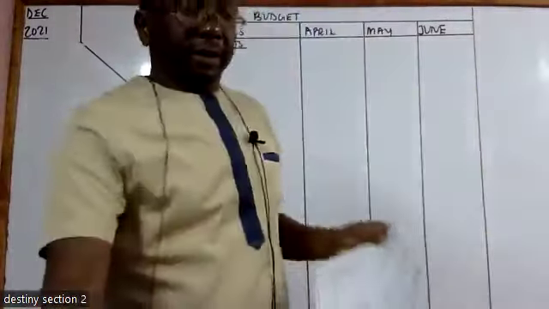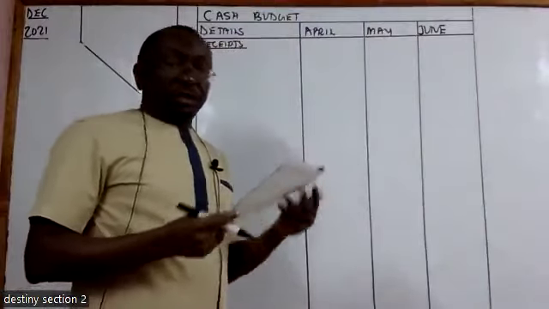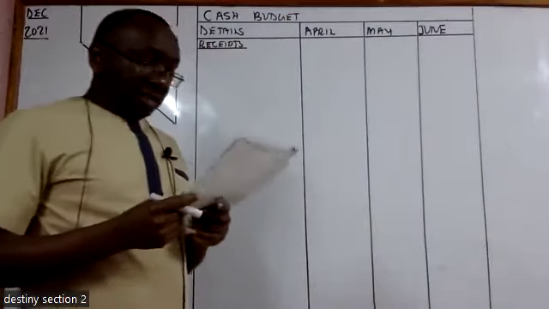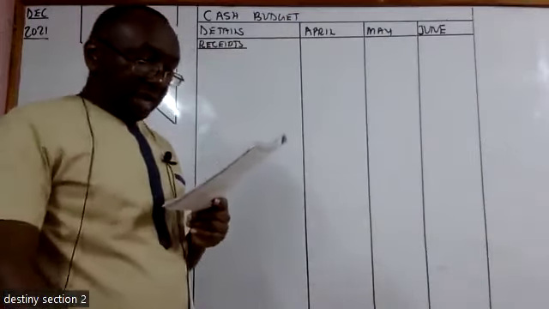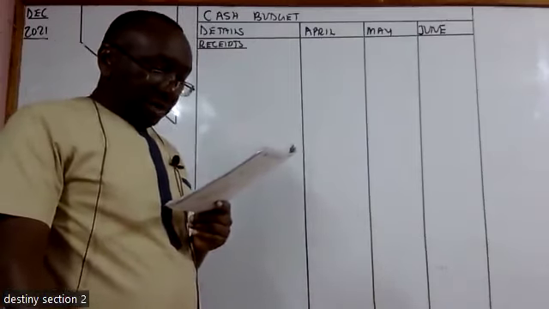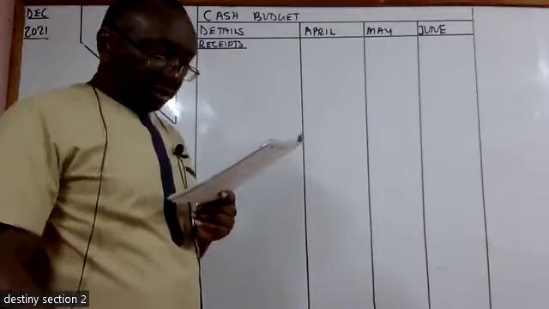The question says that you are in charge of making forecasts and preparing budgets for Condor Limited. You have been supplied with the following cost and revenue forecast and details of payments.